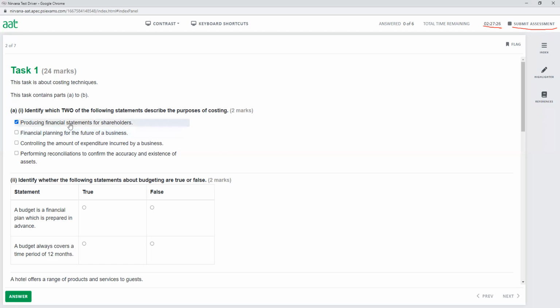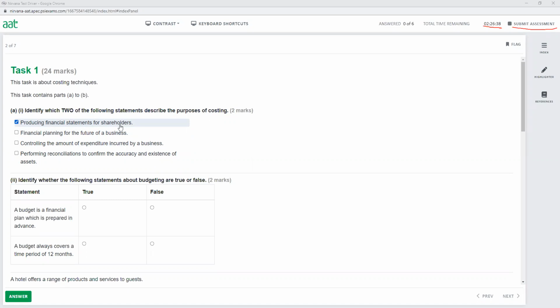Producing financial statements for shareholders. This job is mainly done by the financial accountant. The financial statements are prepared for shareholders, and this job is done by the financial accountant, not by the management accountant.